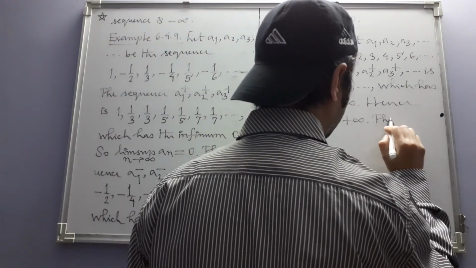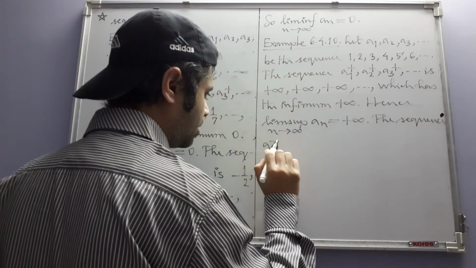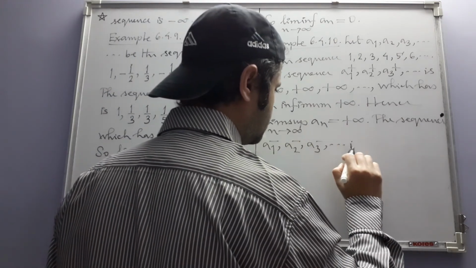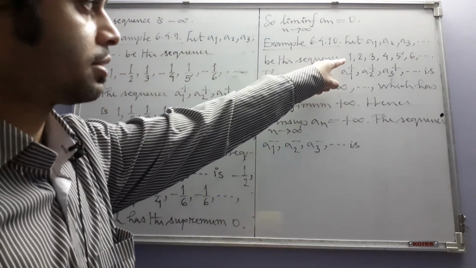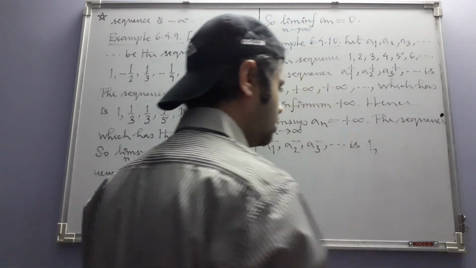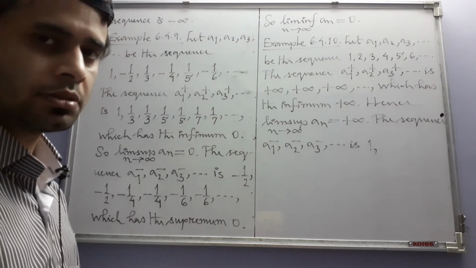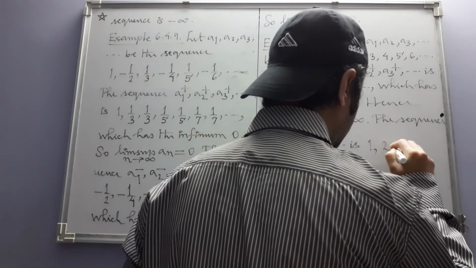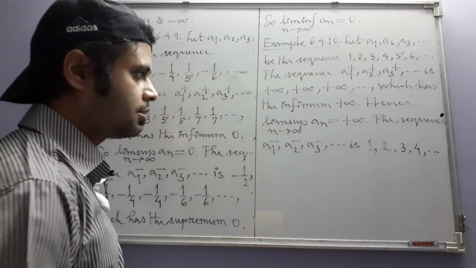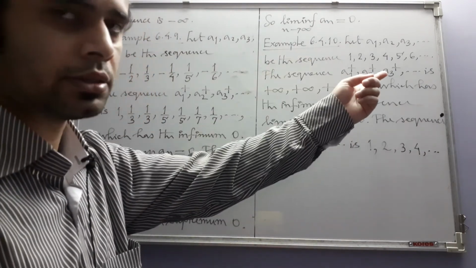On the other hand, the sequence of infima is what? The original sequence has a smallest term, so that is the infimum. A1 minus is 1. If you remove 1, then the remaining sequence also has a smallest element, which is 2. So A2 minus is 2, like that A3 minus is 3, A4 minus is 4, and so on. So in this case, you see that this sequence of infima turns out to be actually equal to the original sequence.